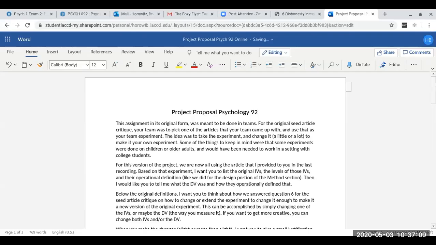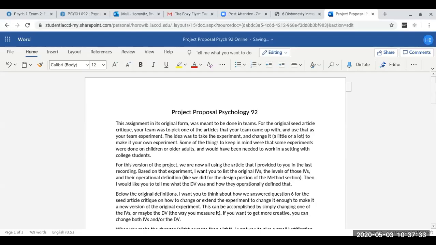Then I would like you to tell me what the DV was and how they define that, which of course was cheating, right? Based on the rat test or things like that. Below the original definitions, I want you to think about how we answered question 6 for that seed article critique last week on how to change or extend the experiment to make it a new version of the original, which is what I've been telling you.